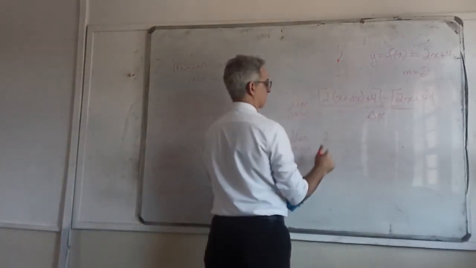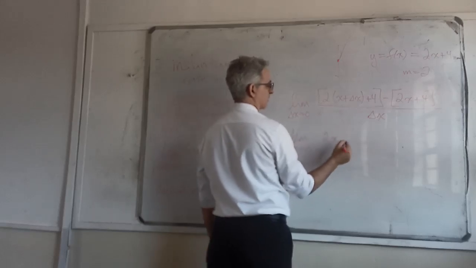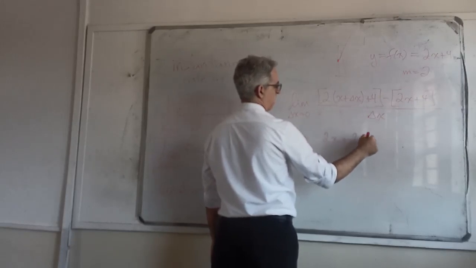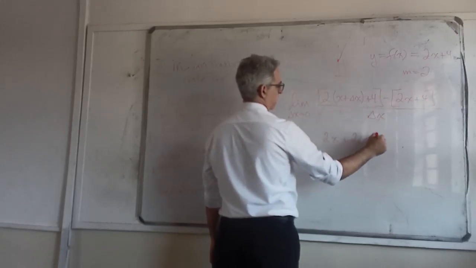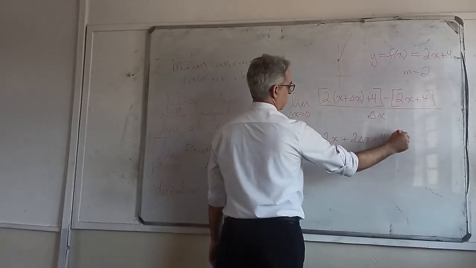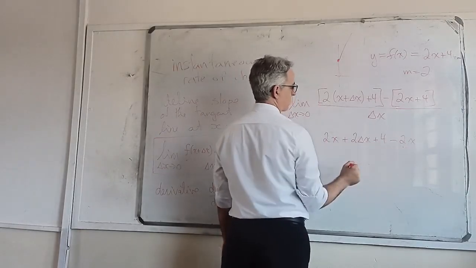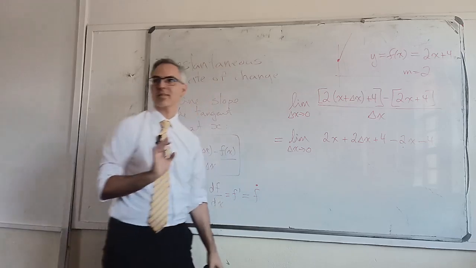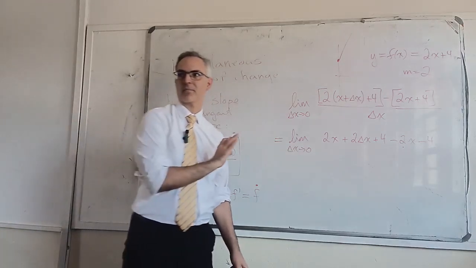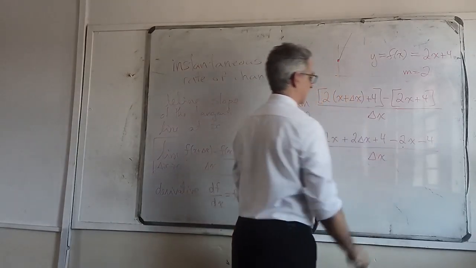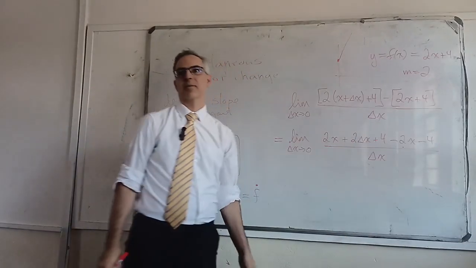So what is it? 2x plus 2 delta x plus 4 minus 2x minus 4. Everybody following? We happy? Divided by delta x. Can we simplify?